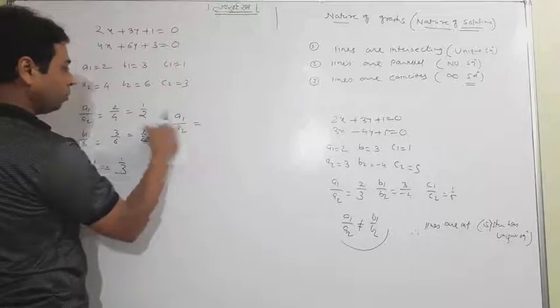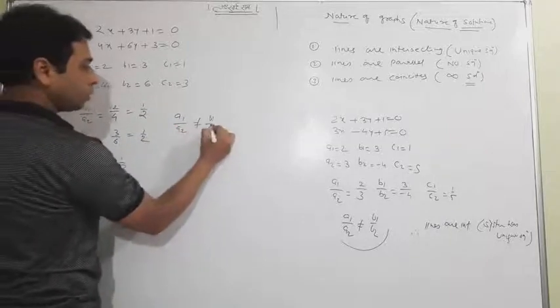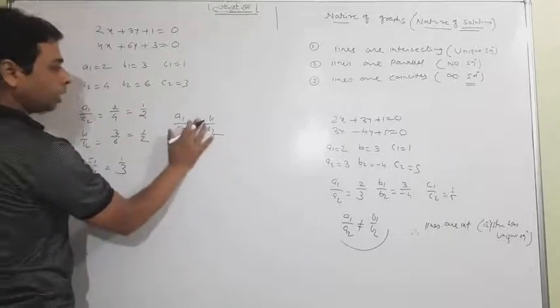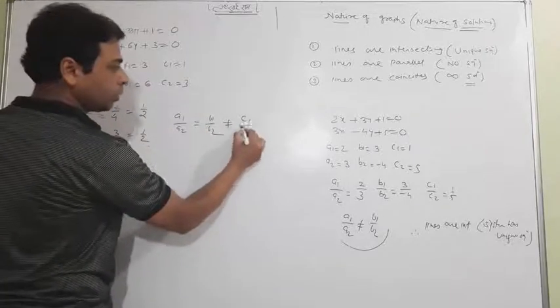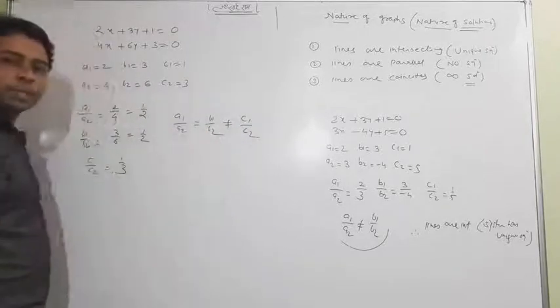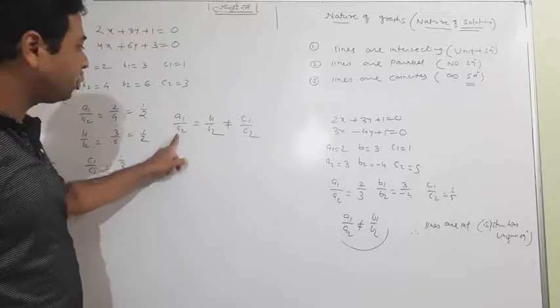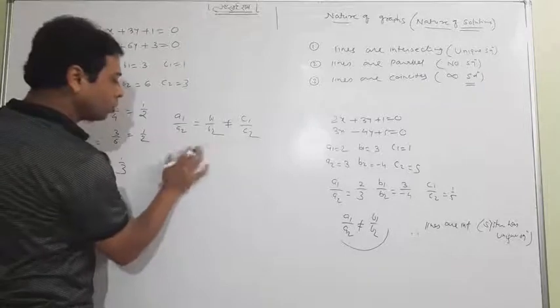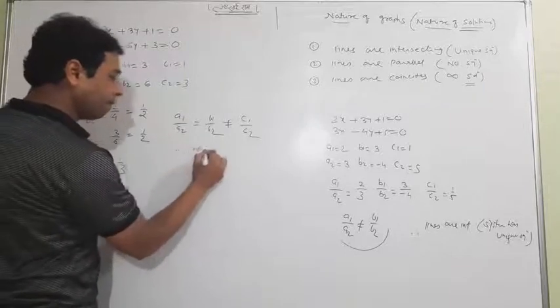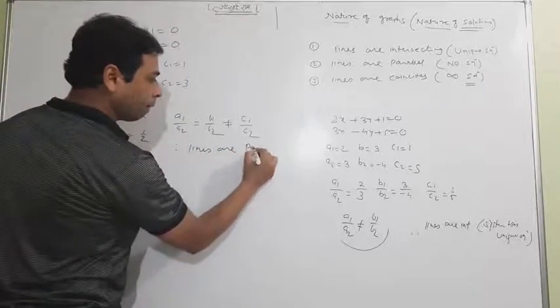A1 upon A2 and B1 upon B2 are equal, but not equal to C1 upon C2. It is following the second case. A1 upon A2 is equal to B1 upon B2 but not equal to C1 upon C2. I would say lines are parallel.